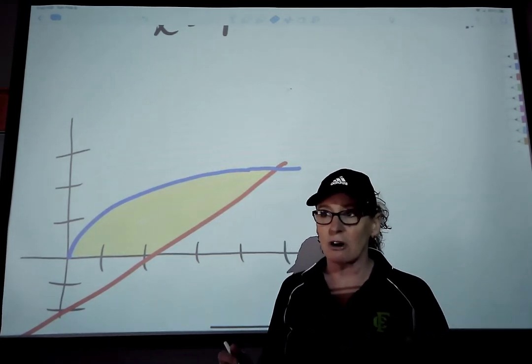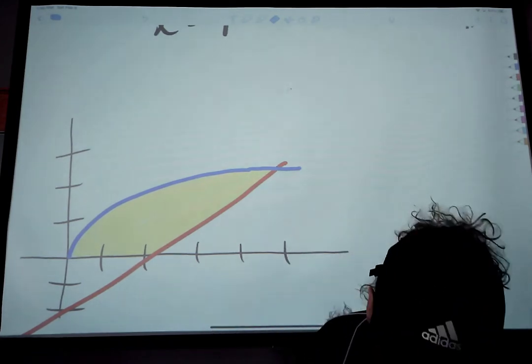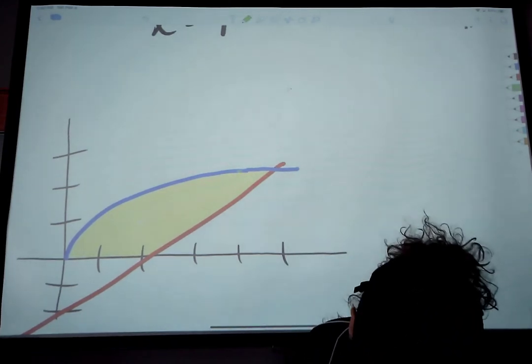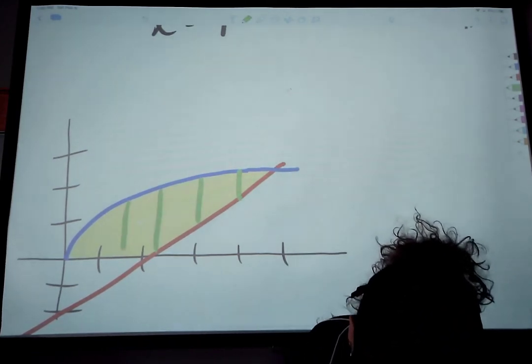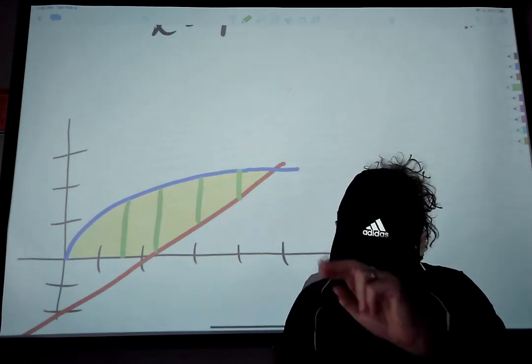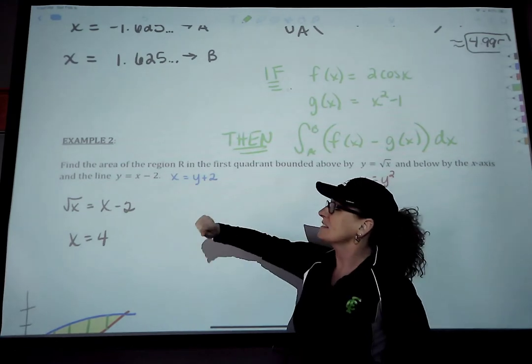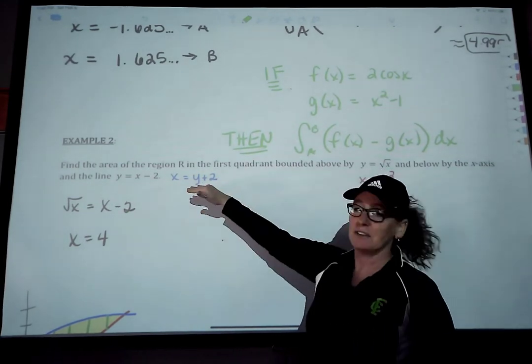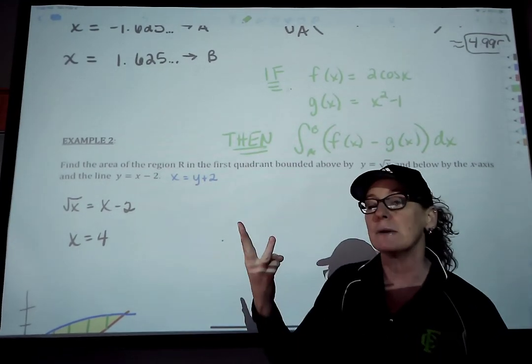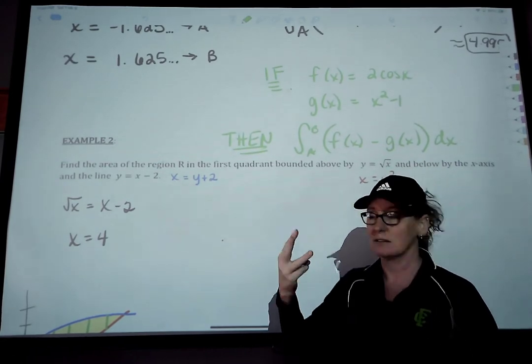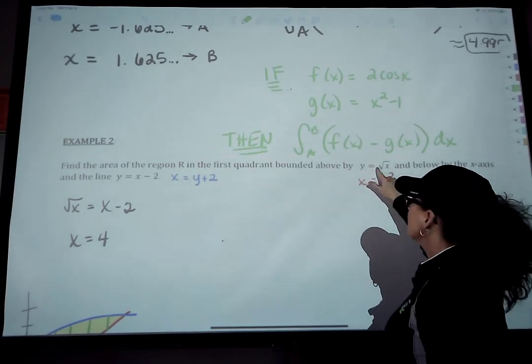Let's try drawing vertical rectangles. Blue to red, blue to red, blue to red. Oh, wow. Hold on, time out. One thing I wanted to point out. It didn't just say find the area between this function and this function. It gave you 3 boundaries, so 3 fences.